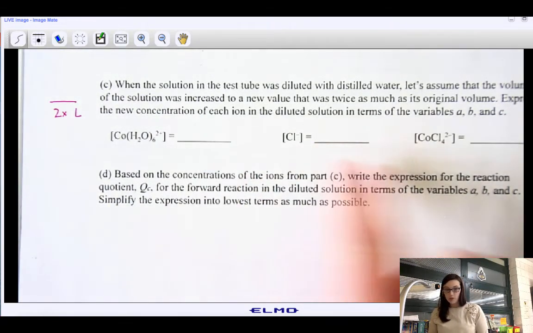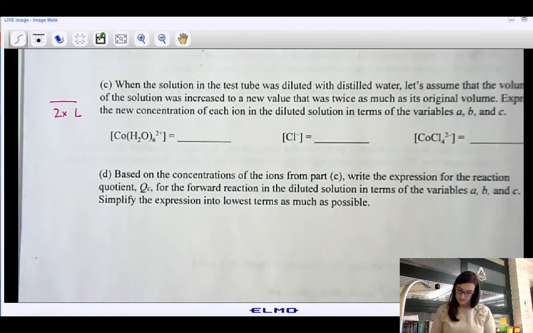When you plug those new molarities in for Q, you want to see, is that similar or different to K? And you're going to find that it should be different. Now you're dealing more with fractions here, right? So you're going to have your K expression, and then you're going to see that your Q value is a fraction of K. Well, if Q is less than K, it's going to shift toward the products.